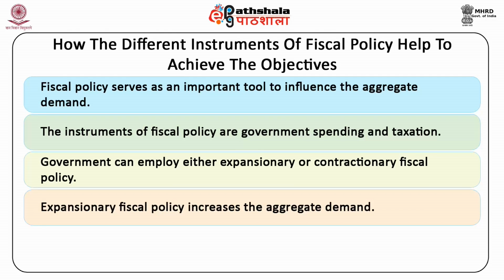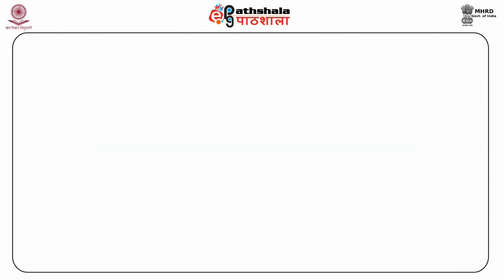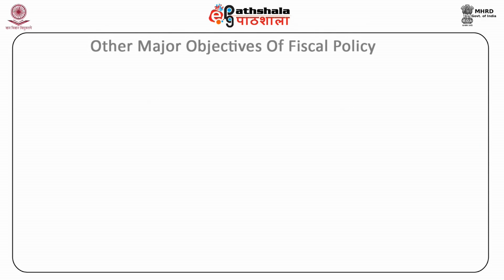Expansionary fiscal policy increases the aggregate demand, whereas contractionary or deflationary fiscal policy reduces the aggregate demand. We shall now discuss some other major objectives of fiscal policy.